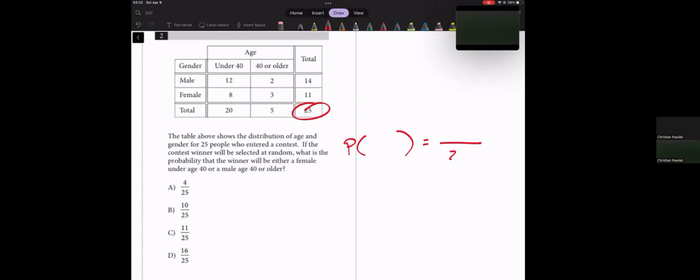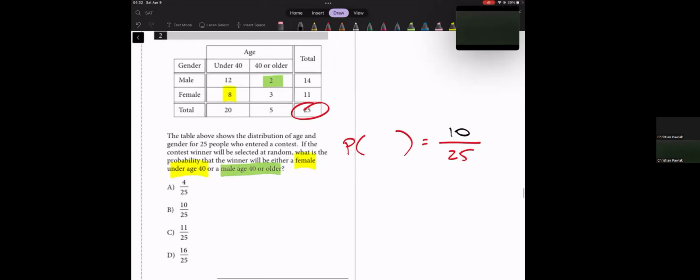And the answer is 25. So how many people am I actually caring about? Well, it said female under age 40, or a male 40 or older. So that is 10 out of 25. Now, that answer is right there.